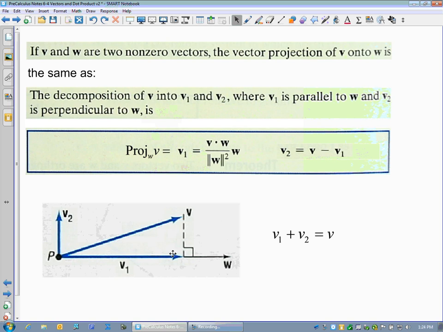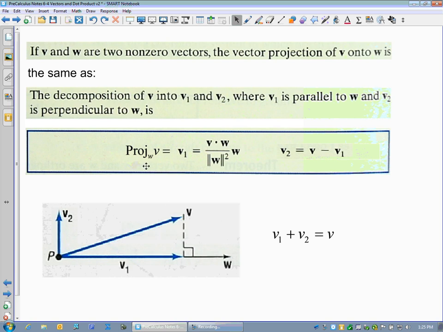If all the light rays were perpendicular to w, then this length here, this vector, is the projection, vector v1. And then this other vector is the one that would be needed, from the initial point, if you went the projection, to get to the terminal point. So that's what we mean by decomposing vector v into two different vectors, one of them being parallel and one of them being perpendicular to w.